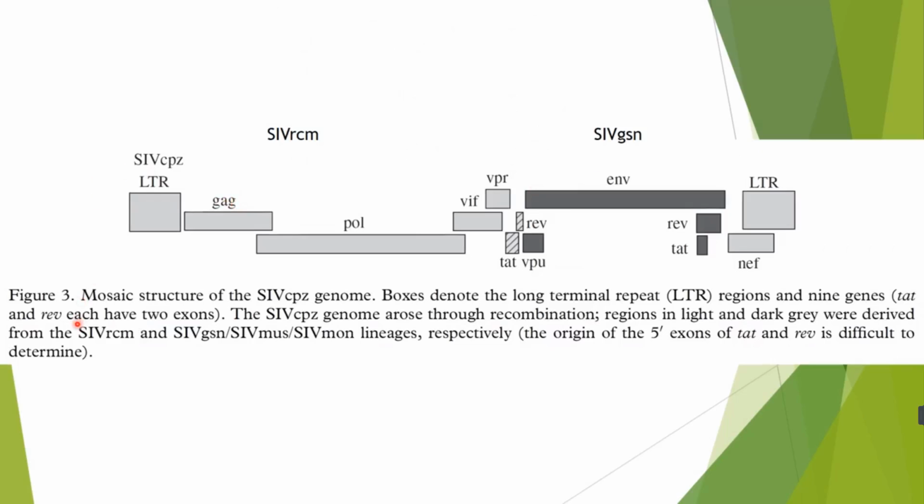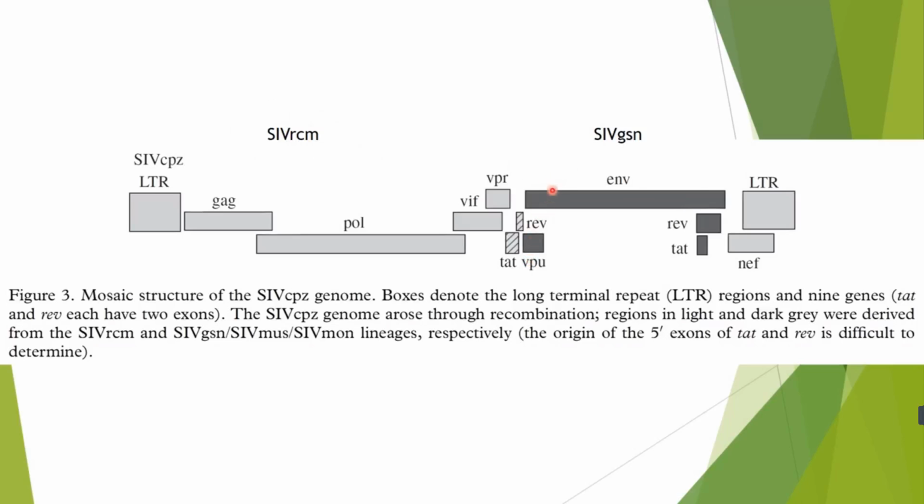This is the mosaic structure of the SIV chimpanzee genome. Now, the important features are as follows. So we have the beginning and the end of the genetic information. It's about 9 kilobases in length. The first part in gray that you see here is from the SIV from the red-capped mangabey.